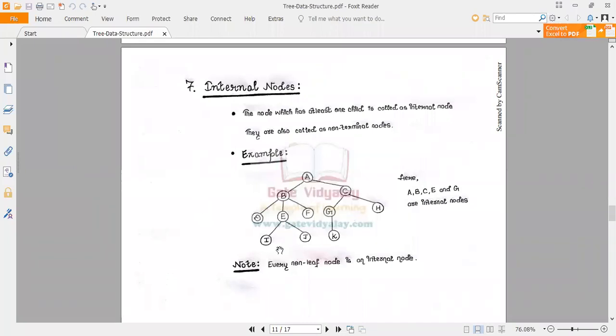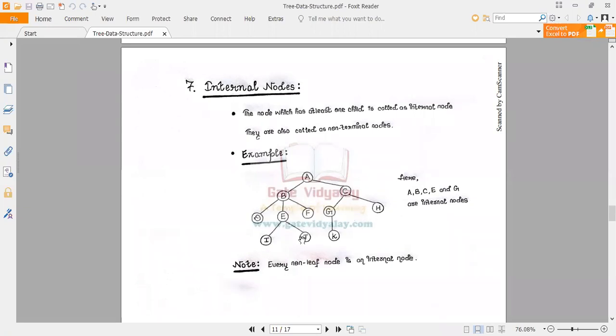So here we can say every non-leaf node is an internal node. Non-leaf node, as in we have A, which has further children B and C. They again have the leaf nodes D and F, and E is again an internal node because it has a leaf node.